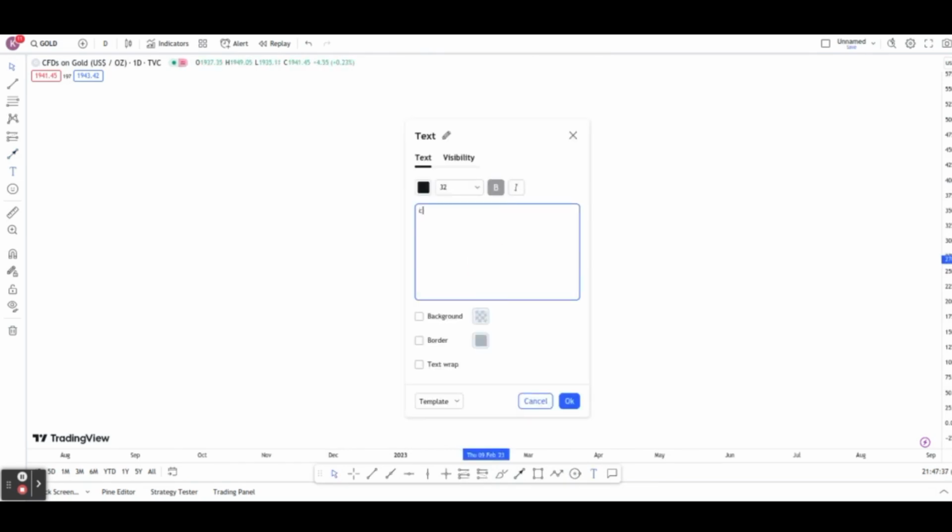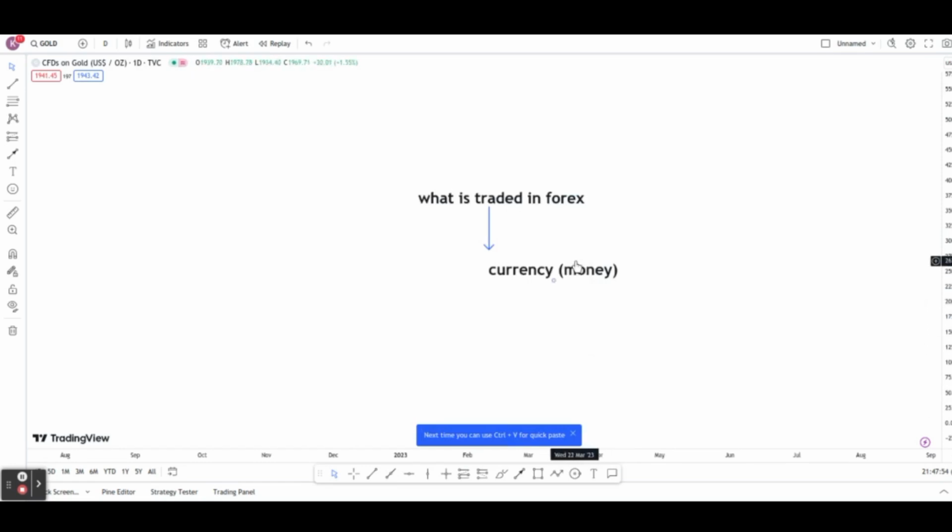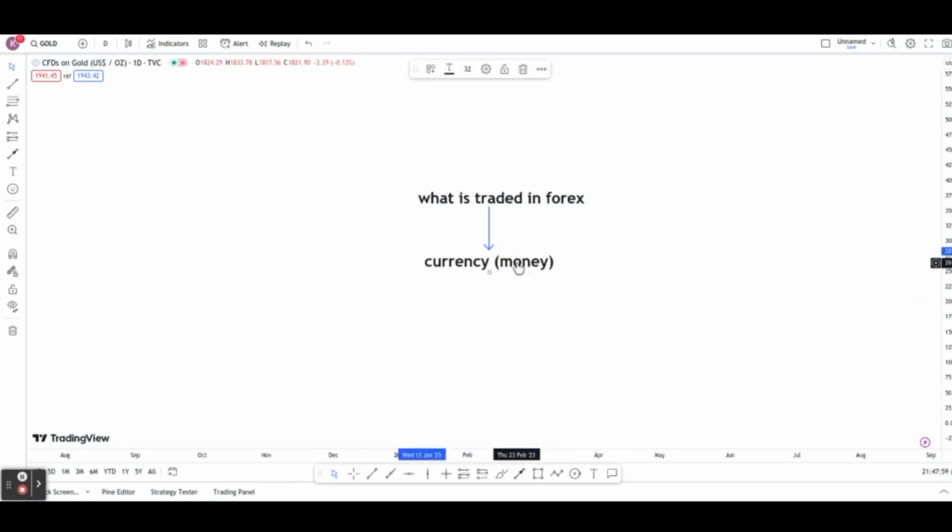What is traded is currency, which in general language is money. All we trade in Forex is money. That is just it. Currency, money.